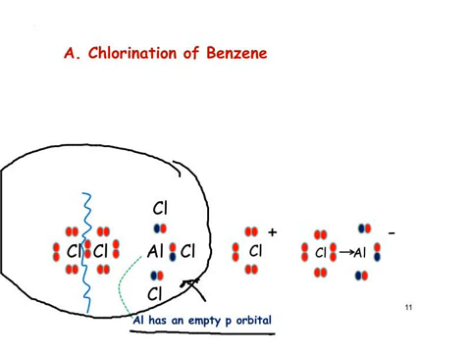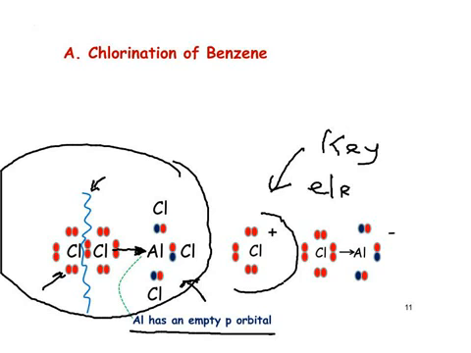Aluminium has only got 3 electrons in its outer shell, so even when it has bonded with 3 chlorines, it still has only 6 electrons around it. It has an incomplete octet. And this pair of electrons here in the chlorine are non-bonding valence electrons. They will form a dative covalent bond with that aluminium. And when it strips off, as shown here, creating this chlorine on the left, that has lost one of its electrons and therefore has a positive charge, and that is the key species.